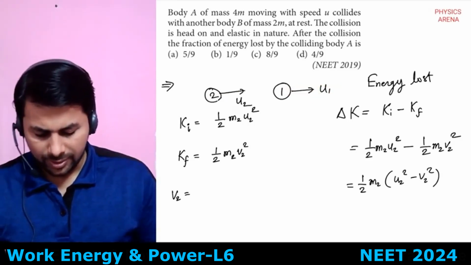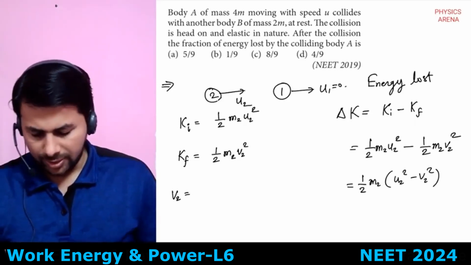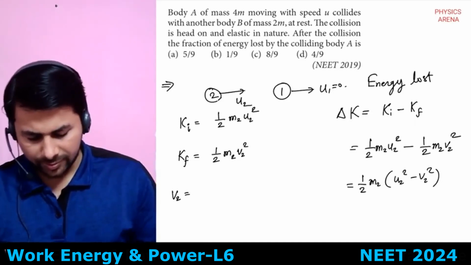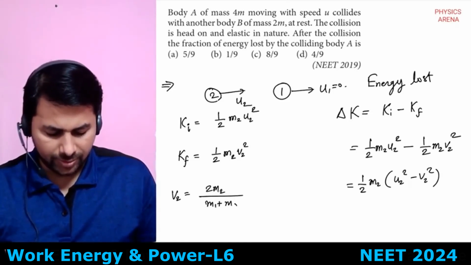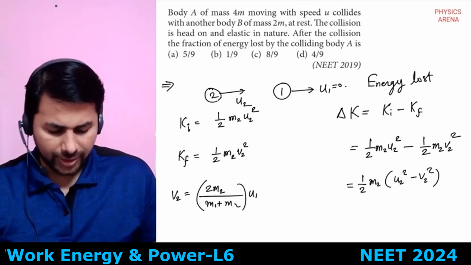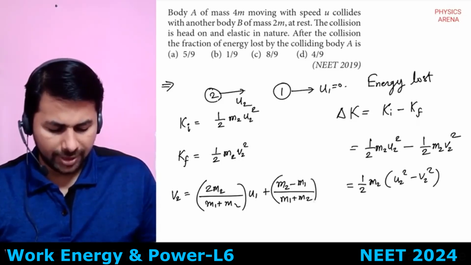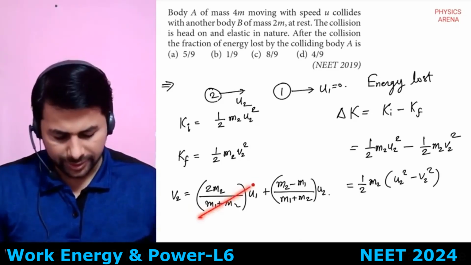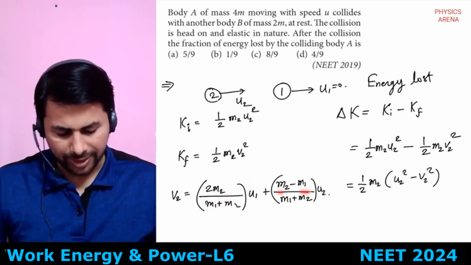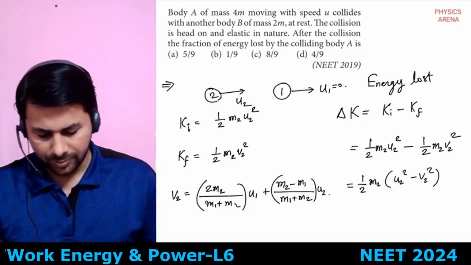So u1 is equal to 0. And our total formula is 2 times m2 upon m1 plus m2 multiplied by u1, plus m2 minus m1 divided by m1 plus m2 multiplied with u2. This first thing is 0, and it is m2 minus m1 upon m1 plus m2 times u2.